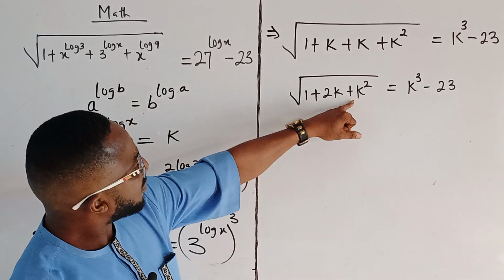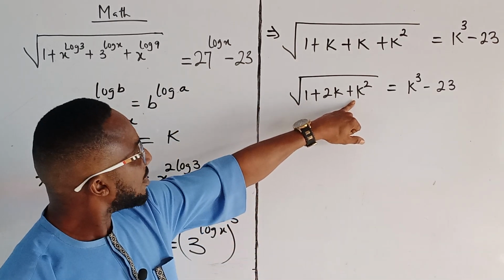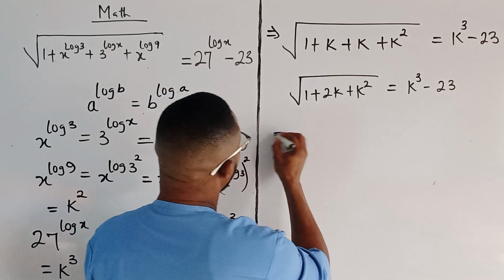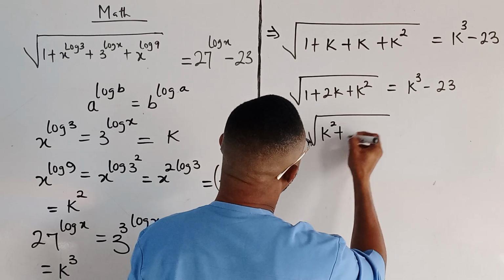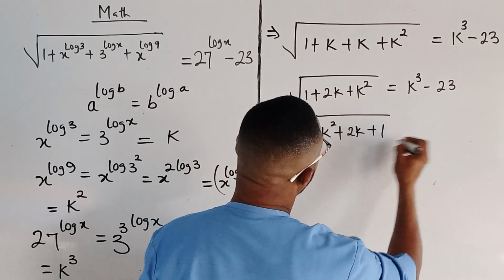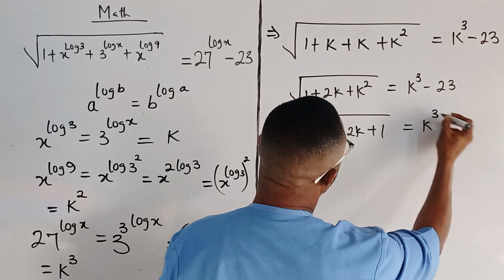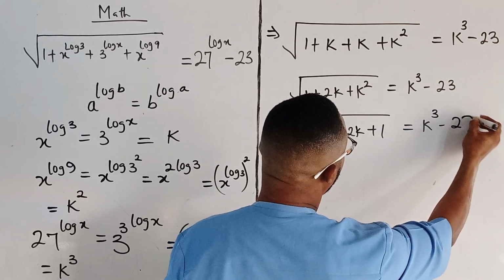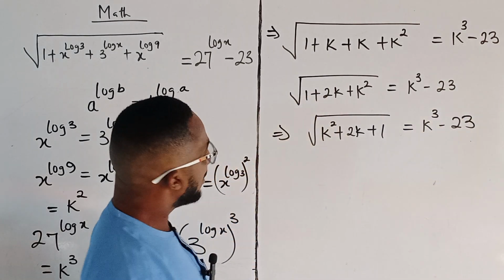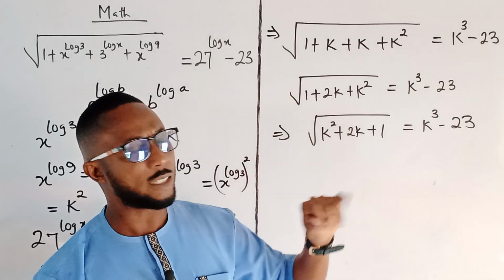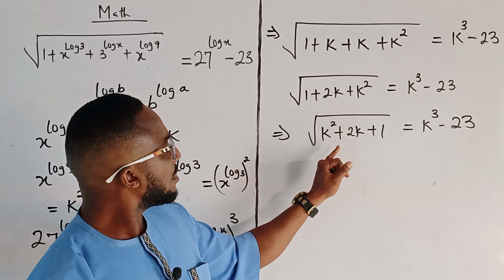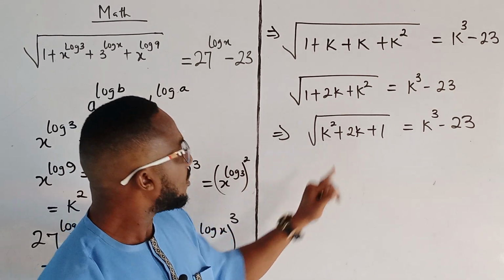Then, I should have written k squared first. This is a quadratic expression. So this is actually the same thing as the square root of k squared plus 2k plus 1 equal to k cubed minus 23. Now, if you look at k squared plus 2k plus 1, this is analogous to something we know.